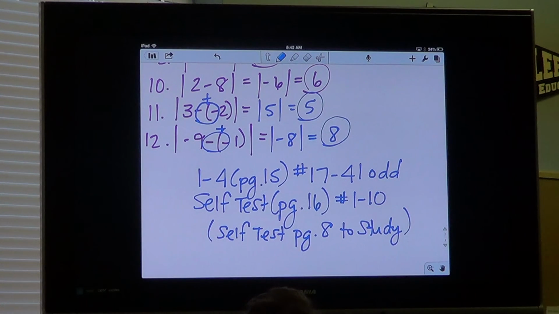Adeline? So to study, it'd be good for us to do both of the self-tests and study the postulates. Yes, and the vocabulary words. Okay. And if you have any other questions about that, let me know. Email, Edmodo, whatever.